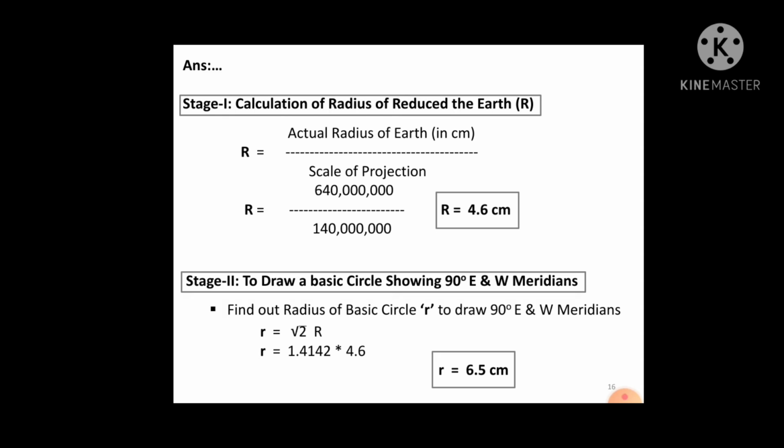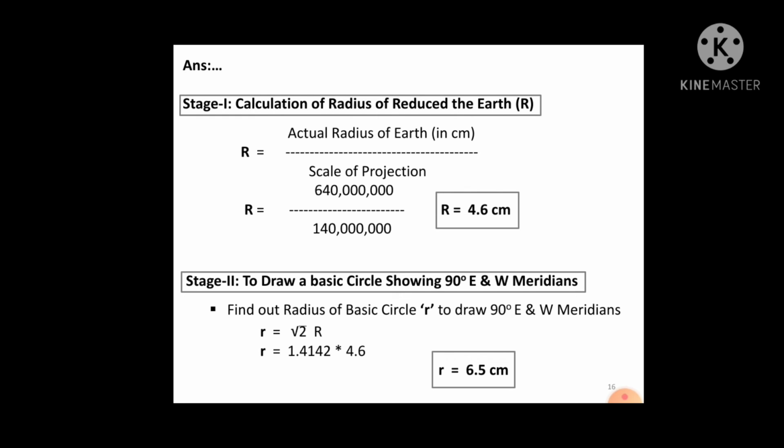If you calculate this using a calculator, the answer will be 4.6 centimeter. So 4.6 centimeter is the capital R that you have to keep in mind, and this is called the reduced earth. That means we have reduced the actual earth to the given scale, and by that scale we got the radius of the reduced earth to draw on paper, that is 4.6 centimeter.